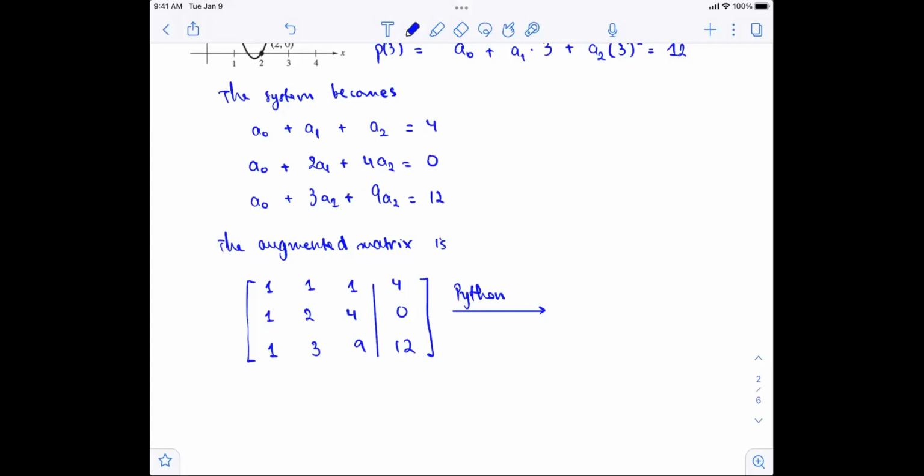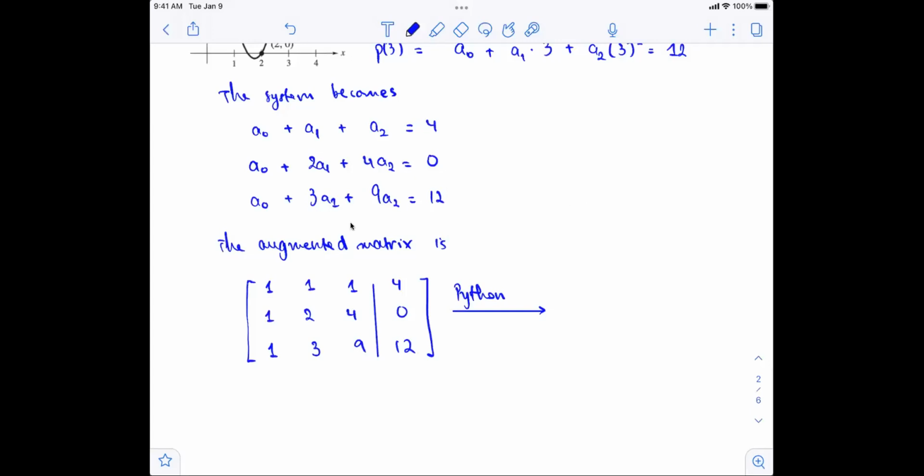The second row, we go to the next line, it's going to be 1, 2, 4, 0. And the last row is going to be 1, 3, 9, and 12. And let's print this out, just to make sure this is working. So print out the value of A.